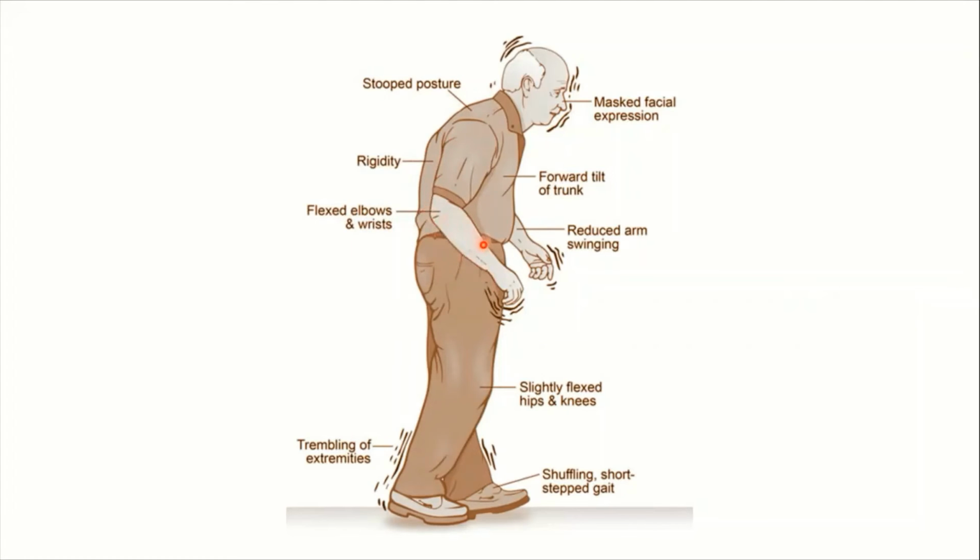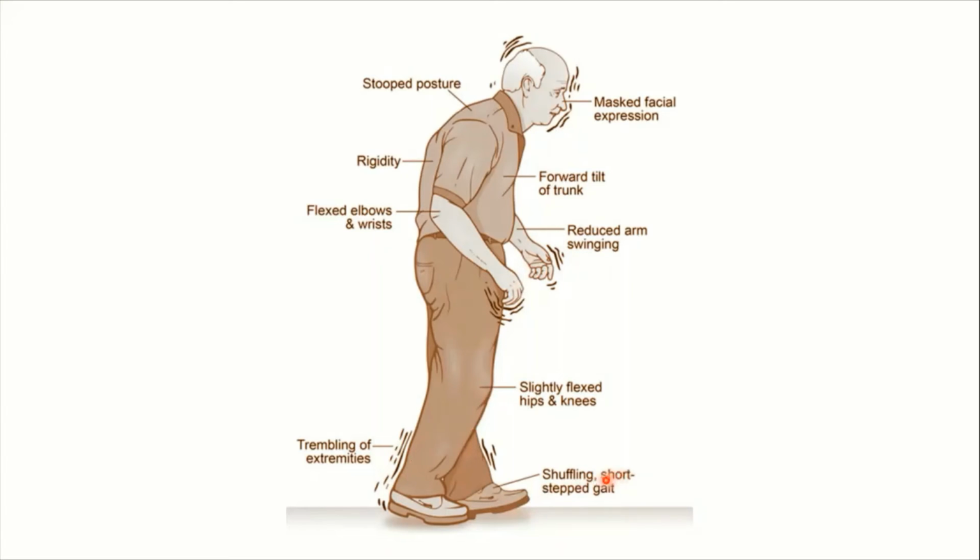Elbows are flexed here and the wrists are also flexed here, you can see. And then there is the trembling of extremities, the tremors, right? You could see these in shaded areas. They are the tremors at both extremities, the lower limb, feet, and the hands in the upper limb.